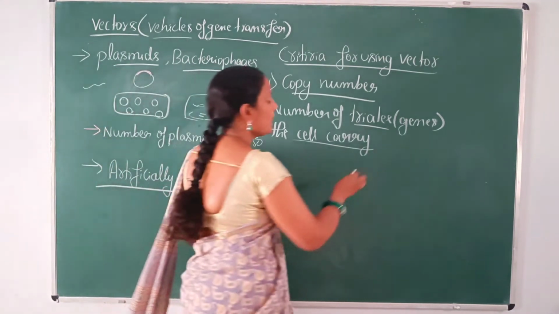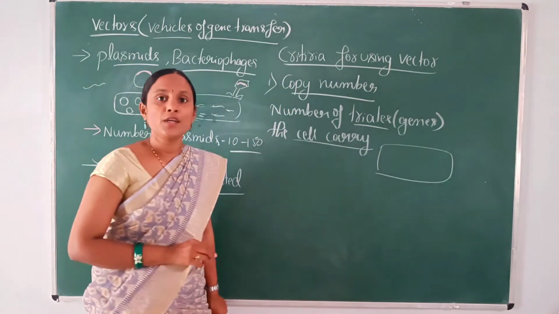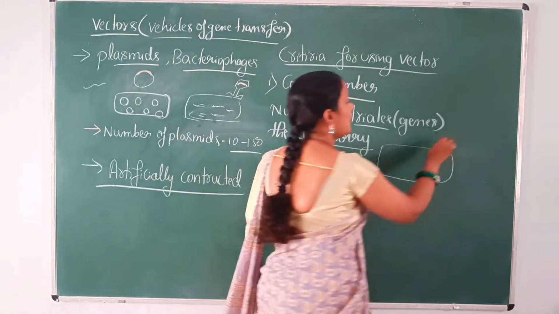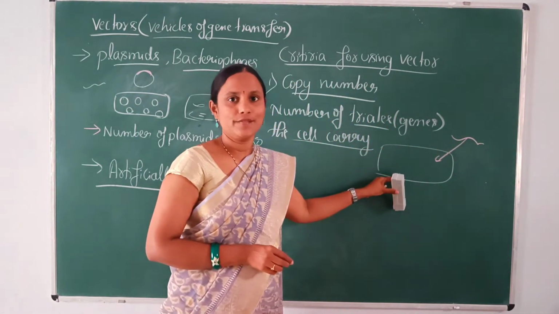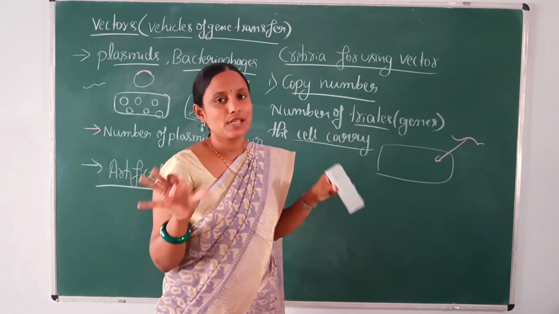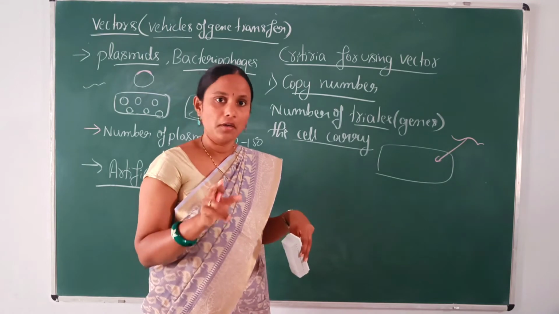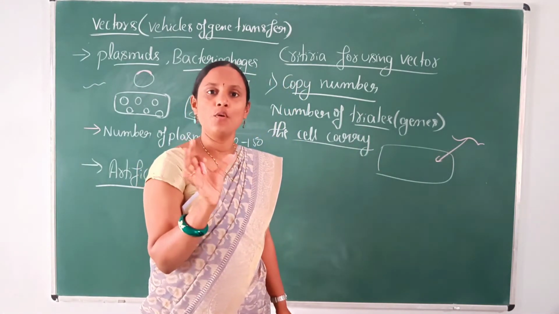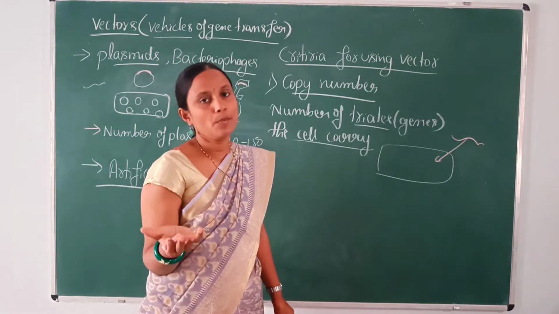That means, consider in a cell, if the cell is capable of producing more number of target gene, so it is our target gene, if it is transferred into the cell along with the vector, it should be produced in a large number, and that large number will depend always on the vector. If the copy number of vector is more, then the copy number of the trait or the gene will also be more.